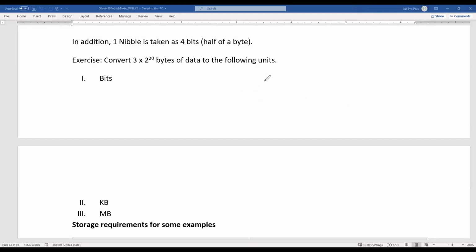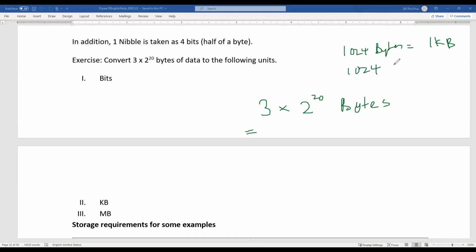Now let's look at the next one. Again, we have 3 into 2 to the power 20 bytes, right? We know 1024 bytes equal 1 kilobyte, then 1024 kilobytes equal 1 megabyte.